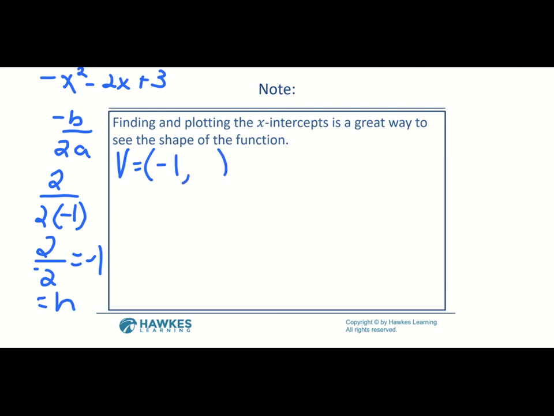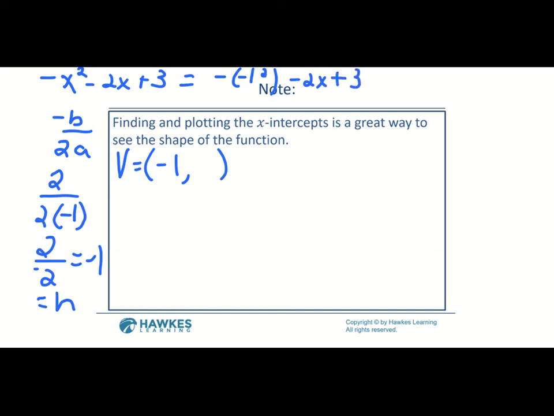So again, there's two ways to do it. You can substitute h into your equation and do the math, or you can do the explicit formula, which we talked about earlier, but this one, negative 1, is pretty easy, so we're just going to plug it in. That is going to give us the opposite of negative 1 squared minus 2x plus 3.